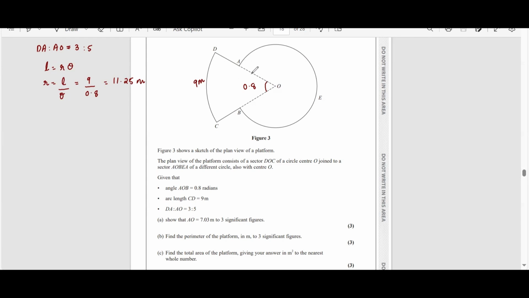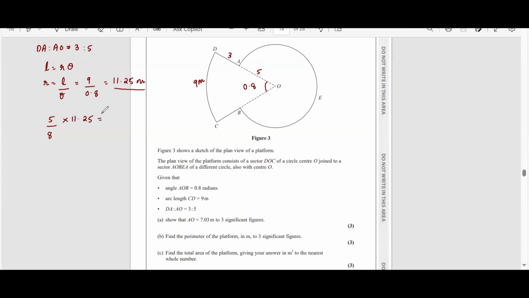Now, we need to prove it. It's given that the ratio is 3 is to 5. To find this, that is 5 divided by the total ratio, 3 plus 5 is 8, multiplied by the total length. The length here, we already know the radius is 11.25.